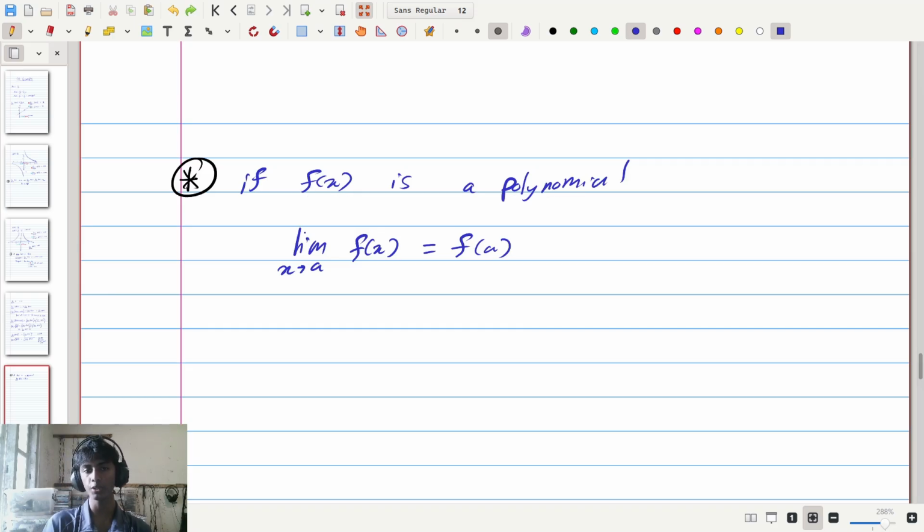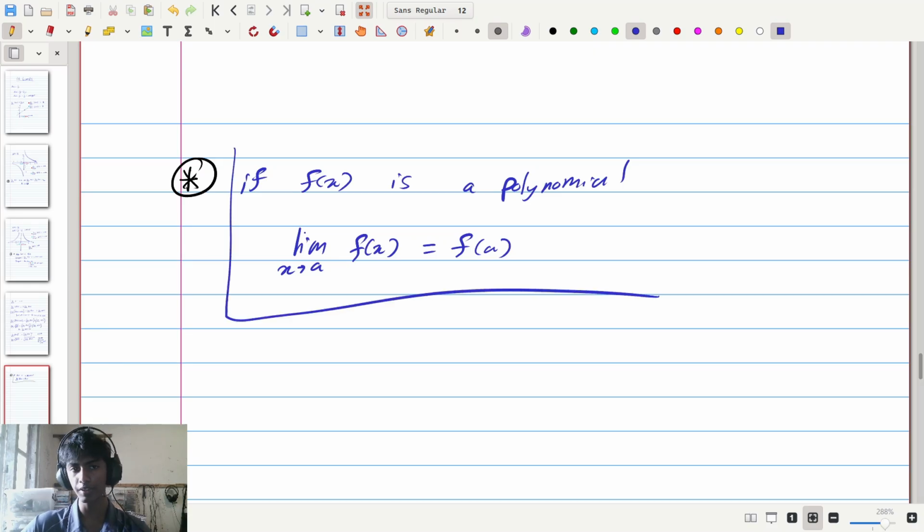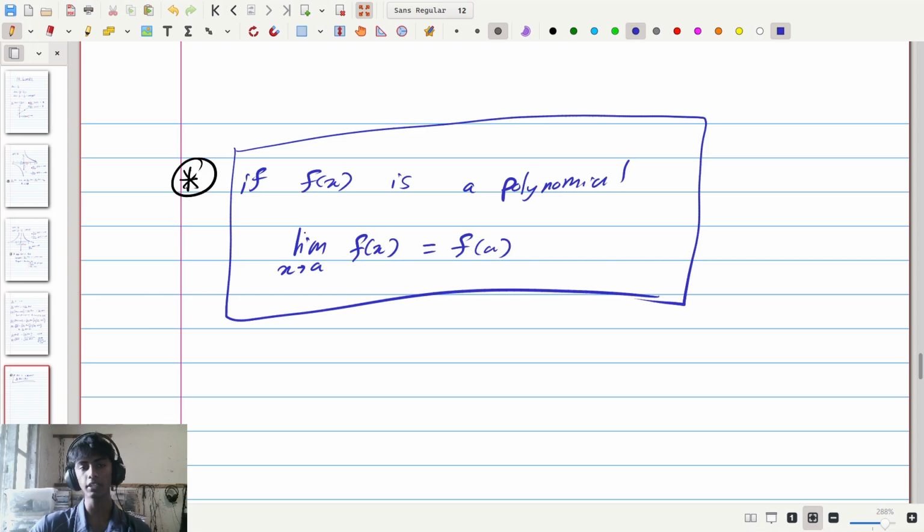It is never going to be undefined for certain values. We'll never have a divide by 0 within a polynomial f of x. So because of that, we can simply say the limit as x approaches a, for any a, of f of x is simply equal to f of a. This becomes useful in simplification where you have certain limits with polynomial parts and non-polynomial parts. The polynomial parts can easily be substituted with their exact values.